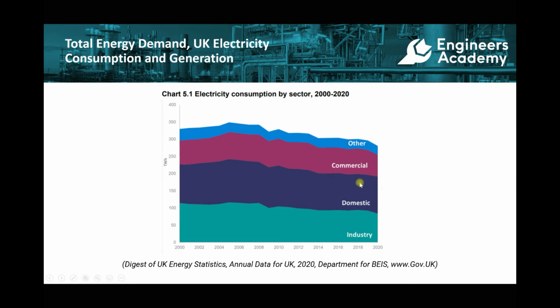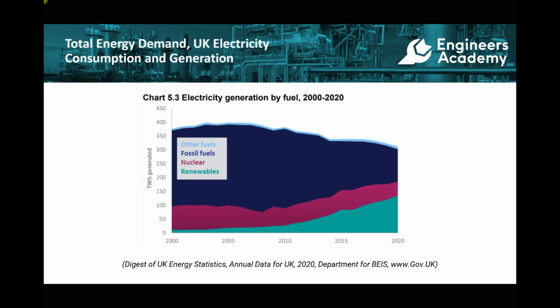But the important thing to note on this graph is that the total electricity consumption is around 280 terawatt hours for the year 2020, which corresponds with the data we saw previously. However, the data displayed previously was in millions of tons of oil equivalent, and we converted that to terawatt hours to give us a total electricity consumption of 280 terawatt hours.